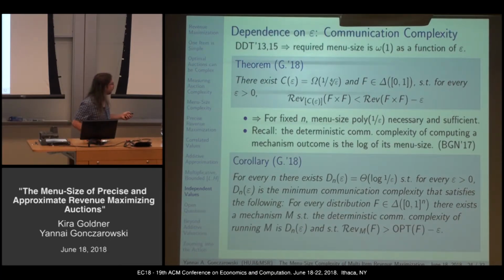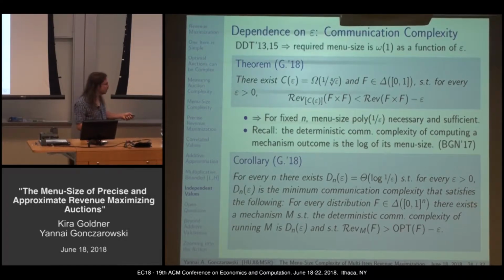For every distribution F, even with correlations, there exists a mechanism M such that the deterministic communication complexity of running M is at most this tight n log 1 over epsilon, and such that the revenue from M's menu items is at least within an additive epsilon loss.